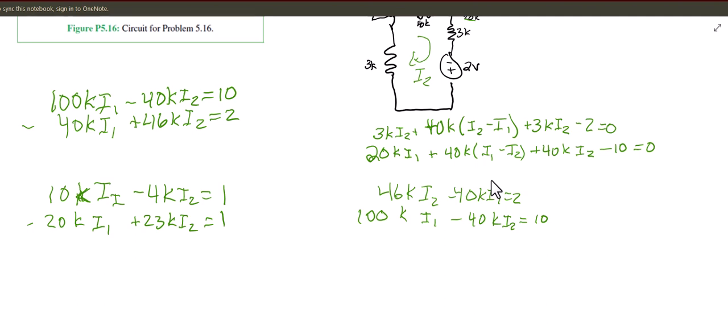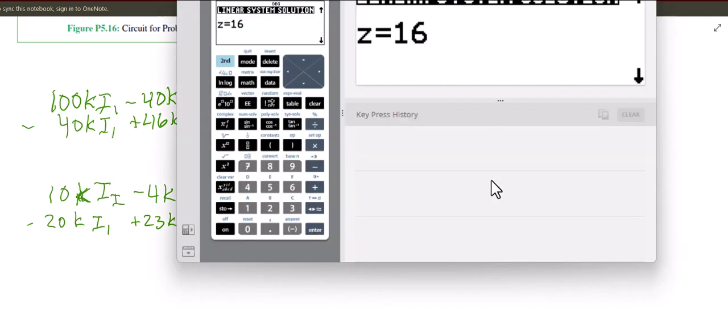Okay. Alright, so I didn't do that in my notes. And then I could easily multiply the top equation by 2 and then add the 2 together. I don't trust myself to get the right answer. Let's just use the calculator.